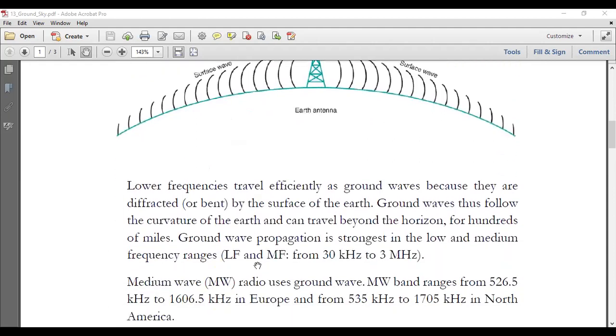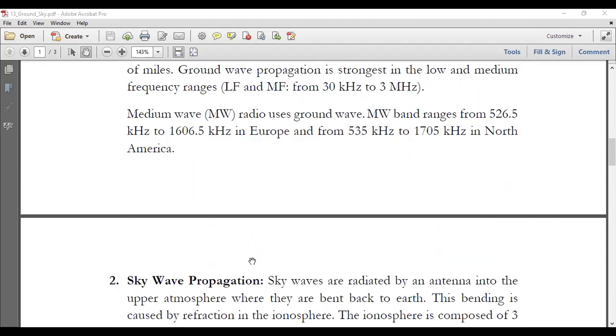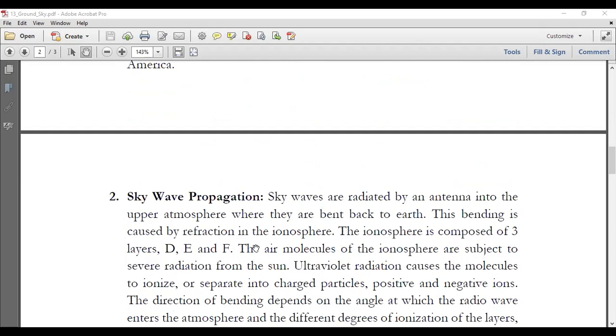But if you want to have an intercontinental communication, like when I was young, as a young kid, we used to hear two radio stations during some political turbulence or something.